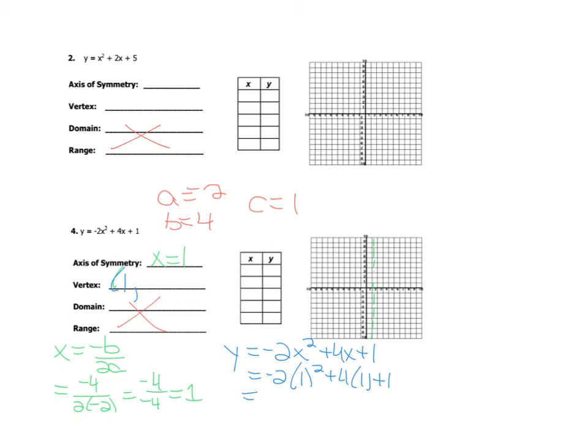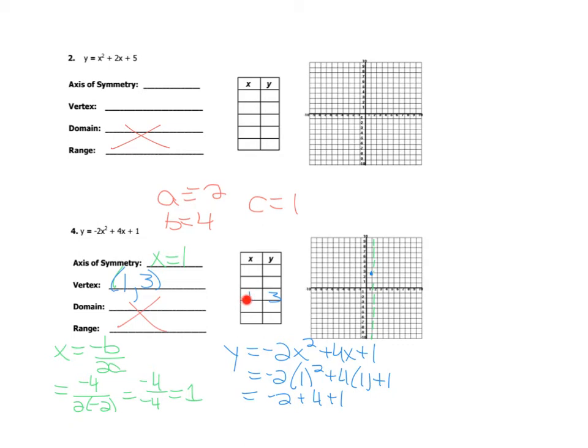So I get negative 2 times 1 is going to be negative 2 plus 4 plus 1. So what is that? 4 plus 1 is 5 minus 2 is 3. So I get my vertex is 1, 3. Write that in the middle of your table. So my vertex is 1, 3. Now, note, A is negative, so this parabola should point down, okay?